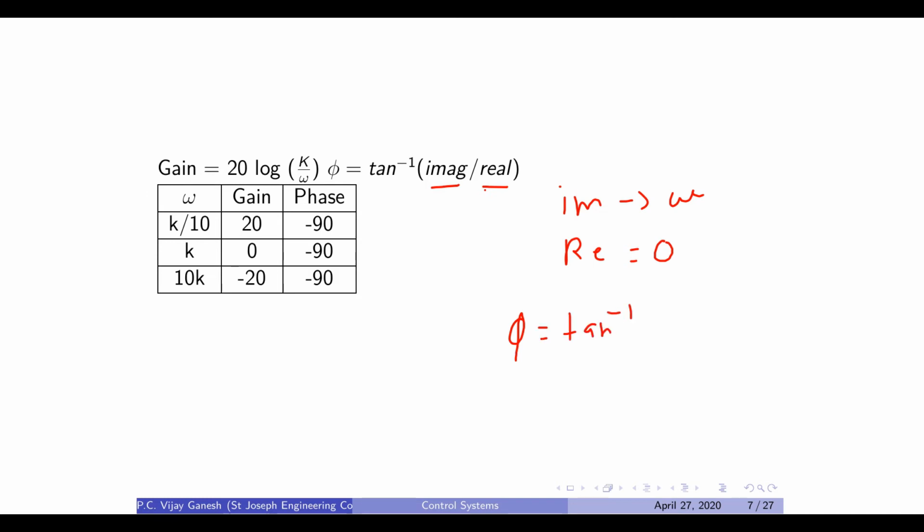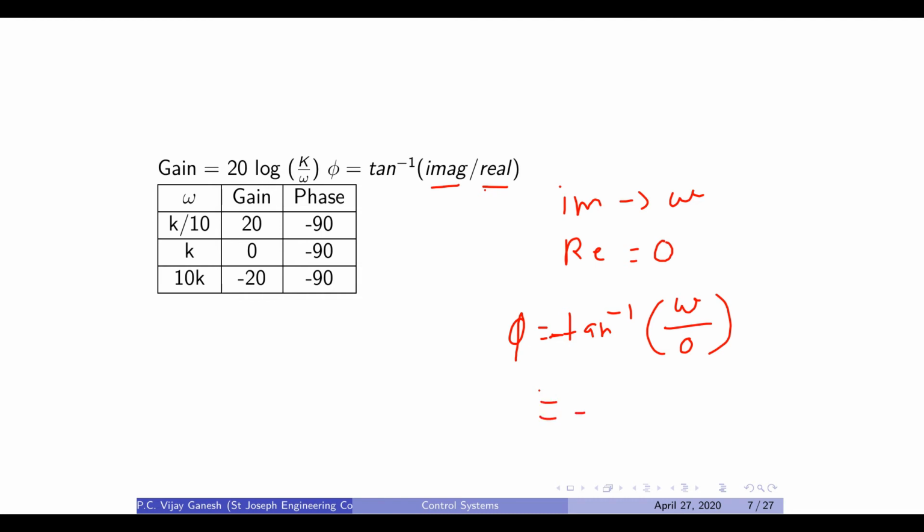So phi will be equal to tan inverse of omega by 0. Since the imaginary part is in the denominator, a minus sign comes here, so it is minus tan inverse of omega by 0.